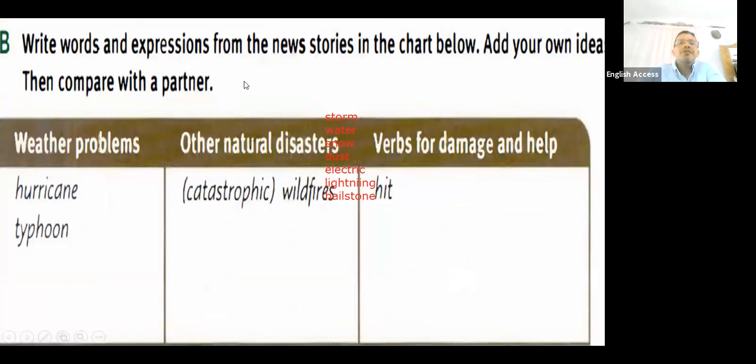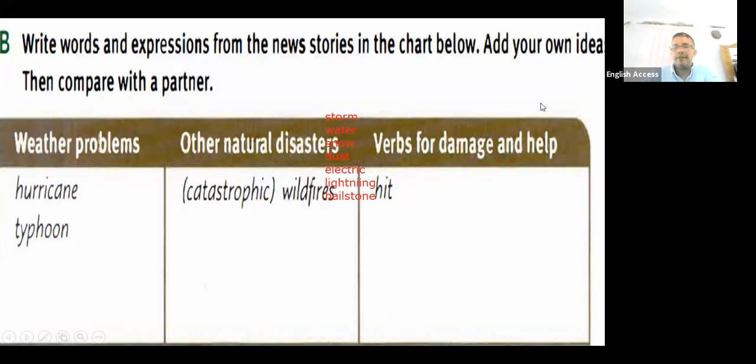Write words and expressions from the news stories in the chart below or your own ideas, then compare with a partner. You have here the chart: weather problems, like hurricanes, typhoons. Typhoons is like a tsunami, but in a different part of the world. Other natural disasters, words for damage and help, like heat.